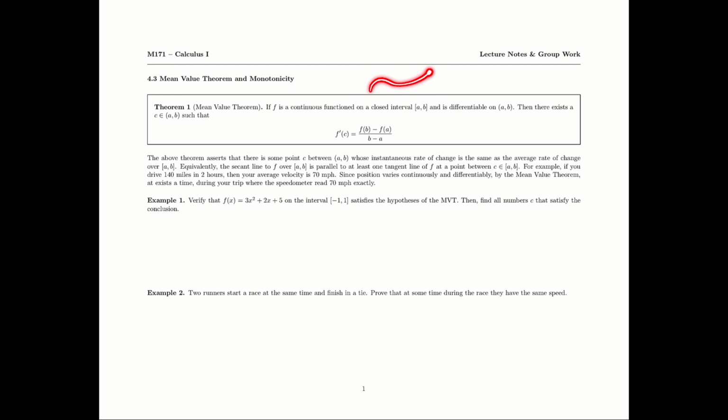So we are able to perform a left and right hand limit of slopes of secant lines to see how those slopes change, where at the endpoints we can only do a one-sided limit. We can't do a left-hand limit at the left endpoint because there is nothing to the left that exists in our interval.